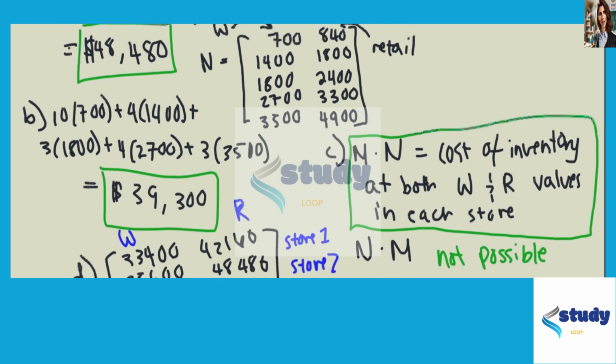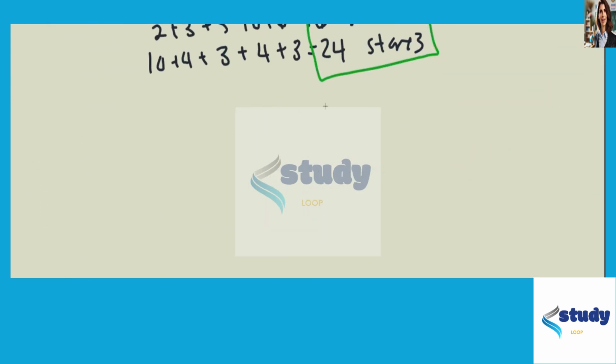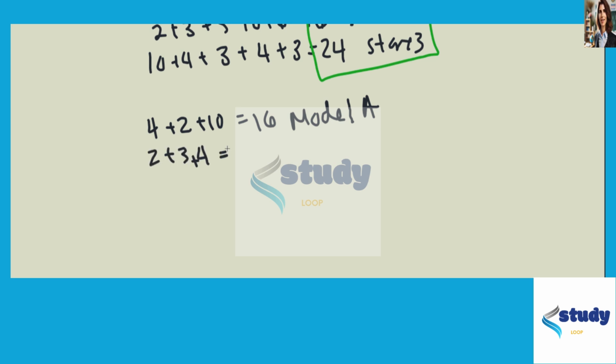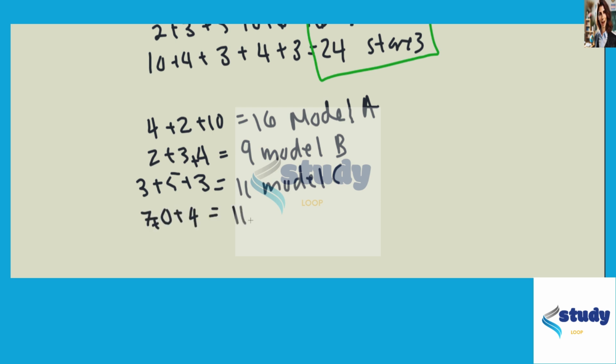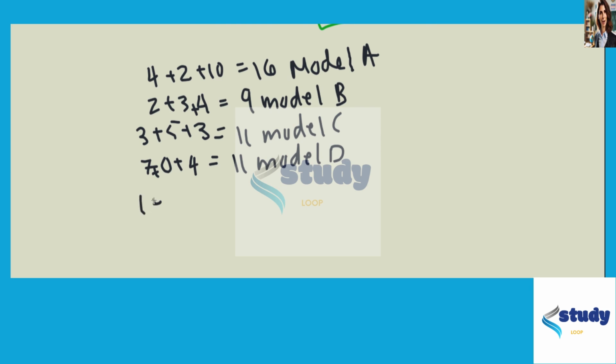If we want to find the total amount of each model, we add the columns. 4 plus 2 plus 2 plus 10 gives us 16 for model A. 2 plus 3 plus 4 gives us 9 for model B. 3 plus 5 plus 3 gives us 11 for model C. 7 plus 0 plus 4 gives us 11 for model D. And model E is 1 plus 6 plus 3, which gives us 10.